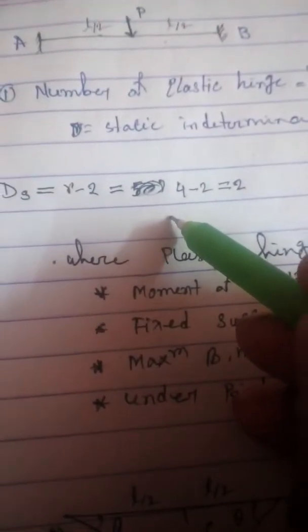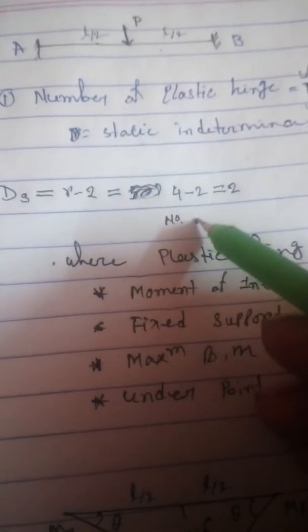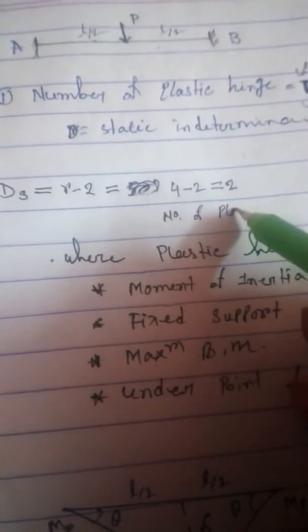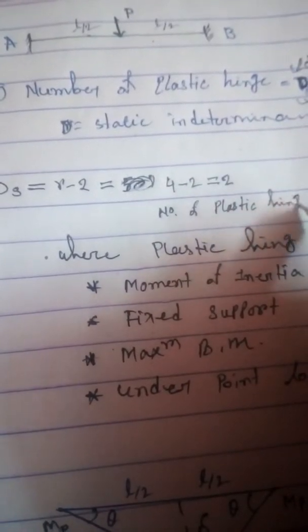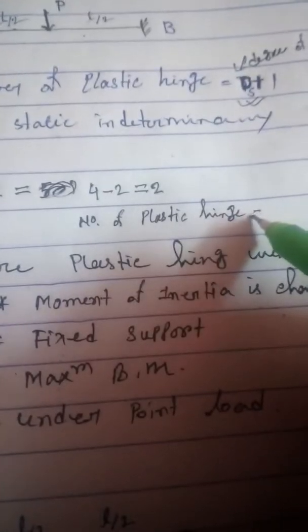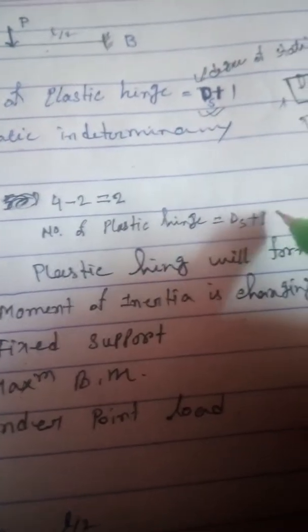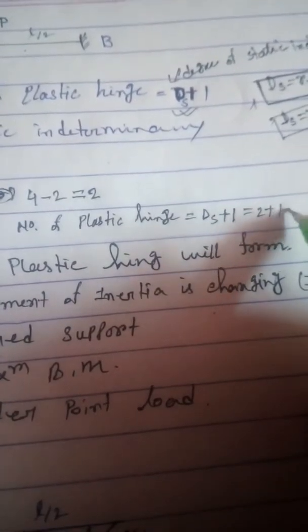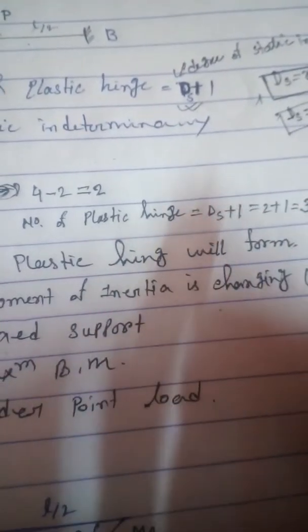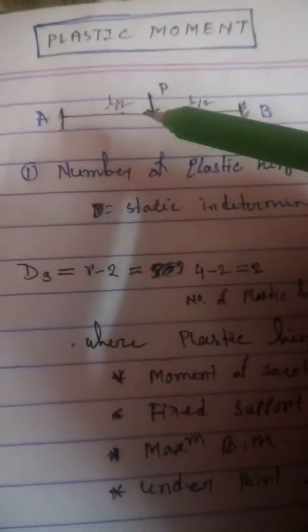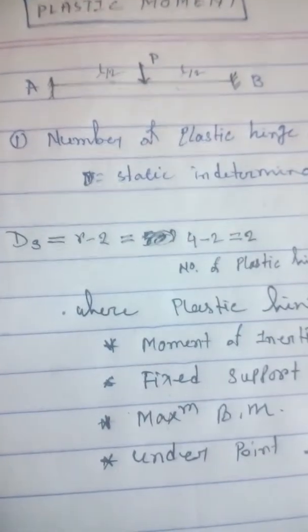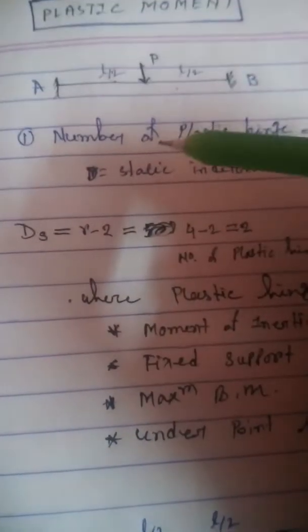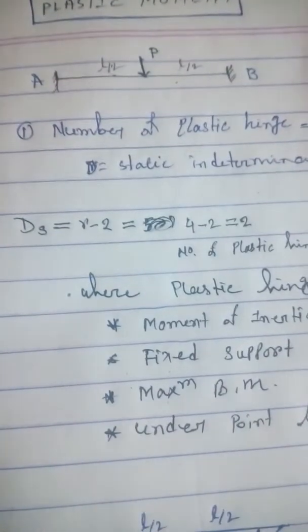So the number of plastic hinges will be ds plus 1, that is 2 plus 1, which equals 3. Okay, for this particular beam the number of plastic hinges will be 3. So now we have to know where plastic hinges occur.